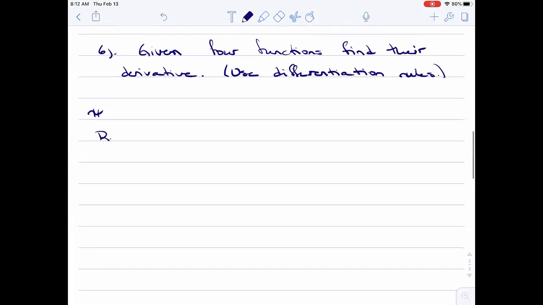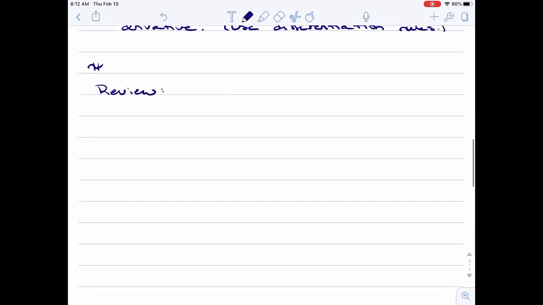Then let's do a little bit of review, because we didn't quite finish all my examples, or we ended early because I wanted to use these for our review today. We were talking about the product rule and the quotient rule, and did everyone get a copy of these differentiation formulas?